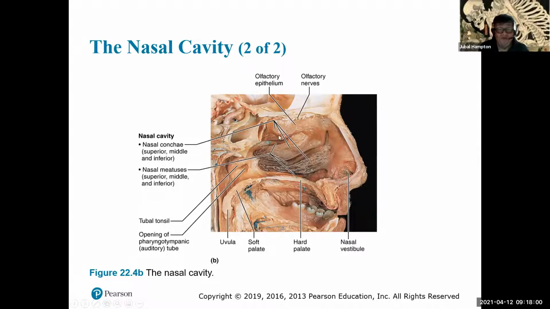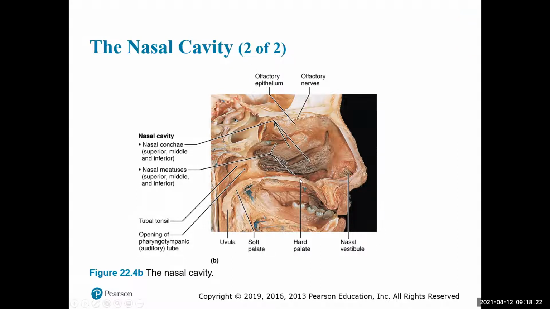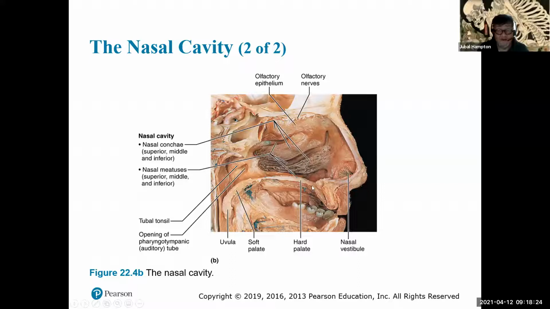This is an actual cadaveric section showing the turbinates here. Here's our nose. Here's our uvula. This here is our soft palate. This is our hard palate. Hard palate is made of bone, and it's created by two bones, the maxillary and the palatine bone.